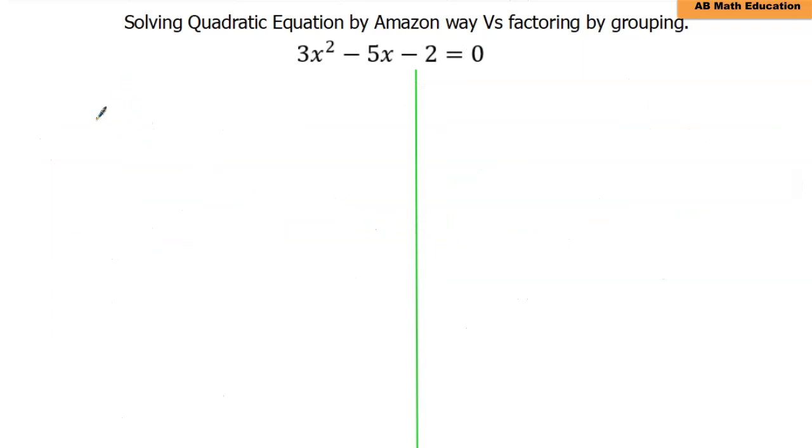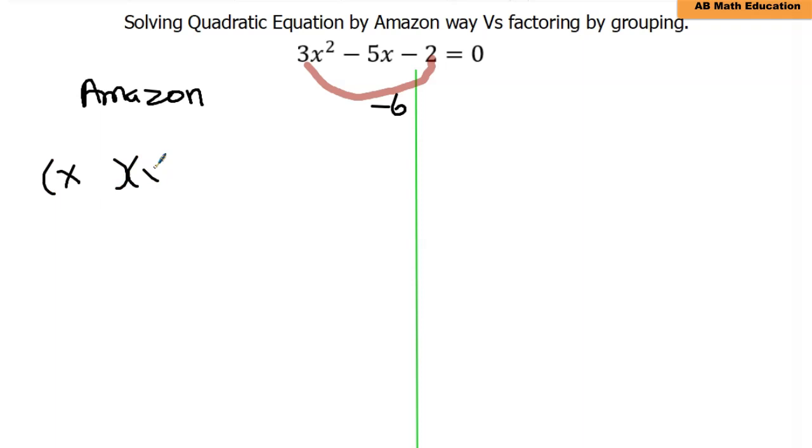We are using the Amazon way. So for the Amazon way, we will multiply the leading coefficient by the constant, and that will give us -6. And then we look for two numbers that multiply to -6 and add to -5. So we have our x in one parenthesis and our x in another parenthesis. We are waiting for those two numbers.